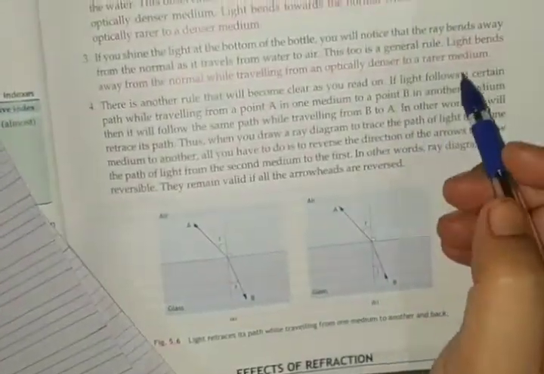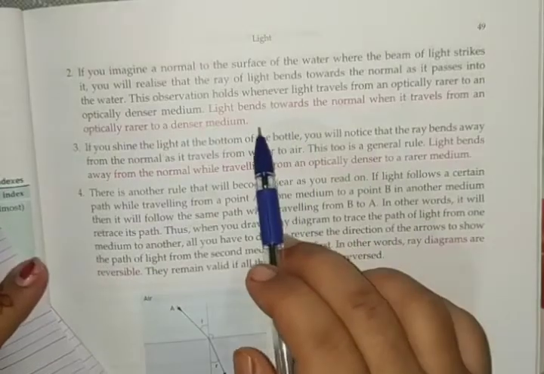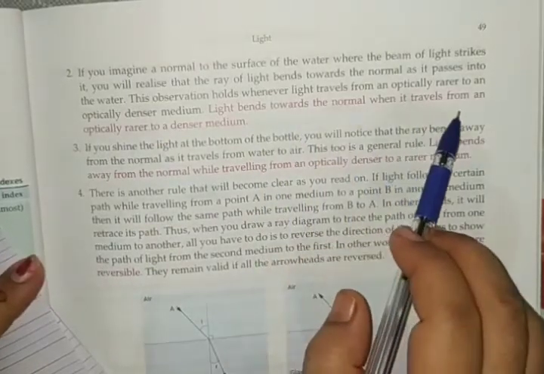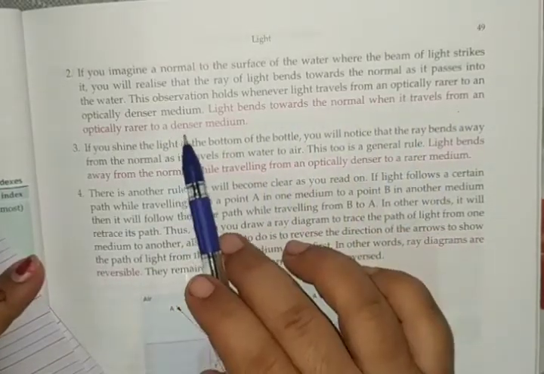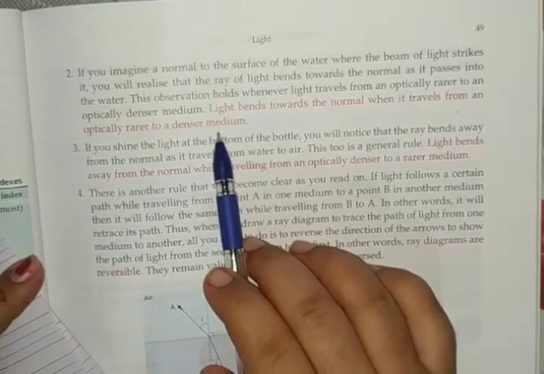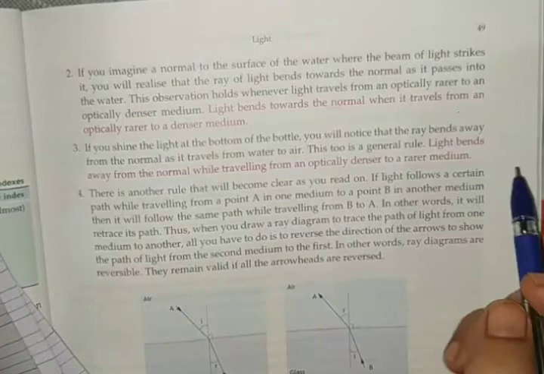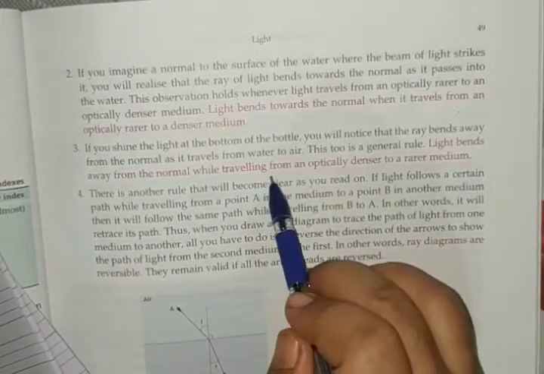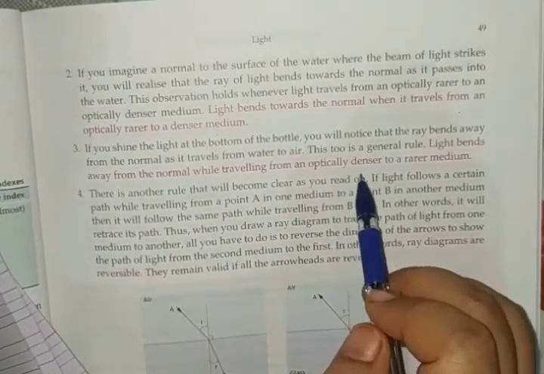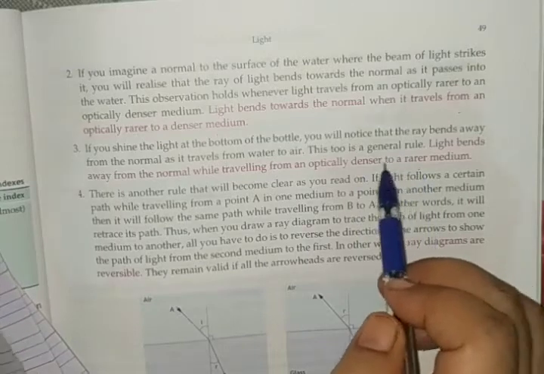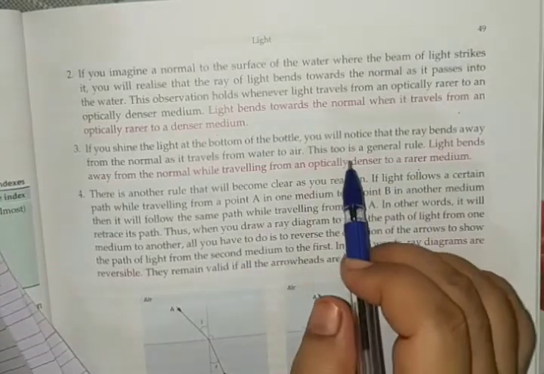Second one: light bends towards the normal when it travels from an optically rarer to a denser medium. And when light enters from a denser to a rarer medium, it bends away from the normal. So you have to remember this.